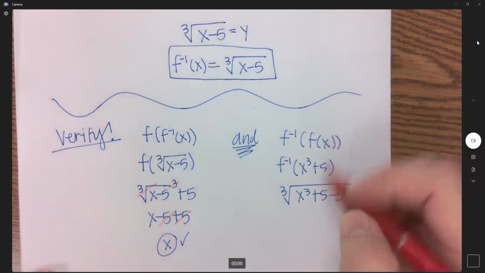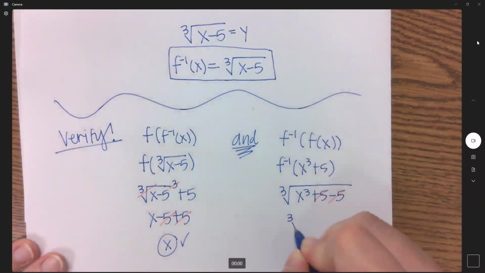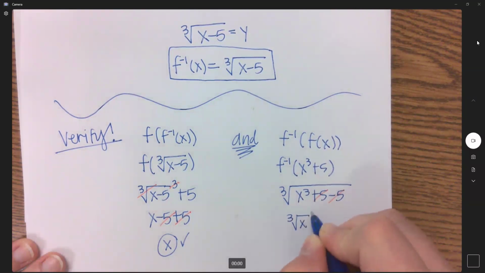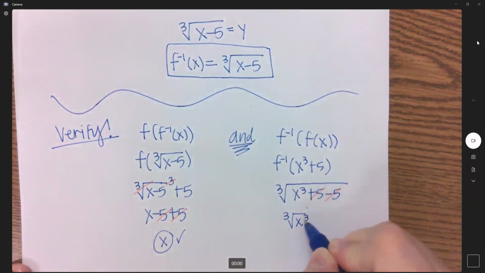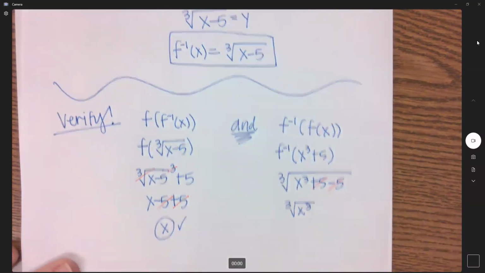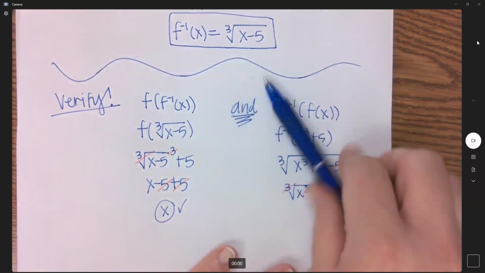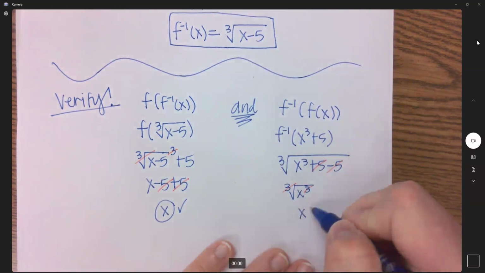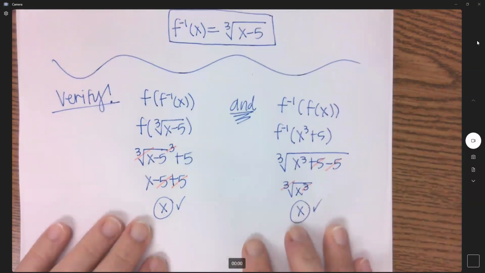So this time what's under the radical simplifies first. So we're left with the cubic root of x cubed. These still cancel out, and I am left with x.